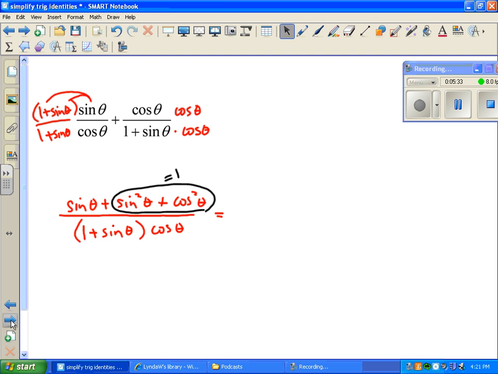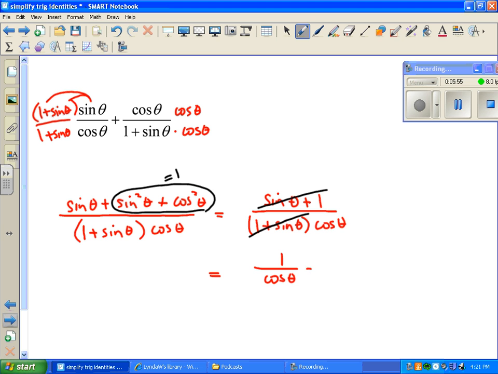So if I rewrite my numerator as the sine of theta plus 1 over 1 plus the sine of theta times the cosine of theta, you can see that what I have here are two common factors that can cancel out, even though I had it written backwards. So what I end up with then is 1 divided by the cosine of theta, which simplifies down to secant.